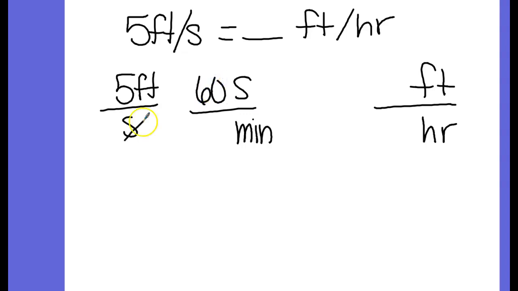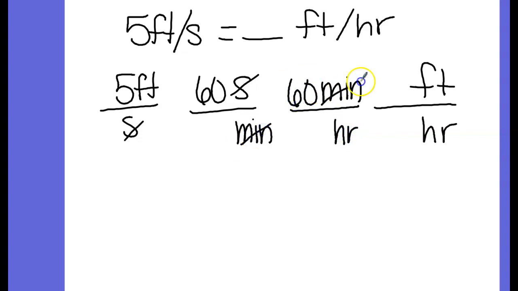60. So then I'd lose my seconds label. Now, I don't want to end up with minutes on bottom though, right? So I need to put minutes on top or bottom? Top. And I want my label to be what on bottom? Hour. How many minutes are in an hour? 60.